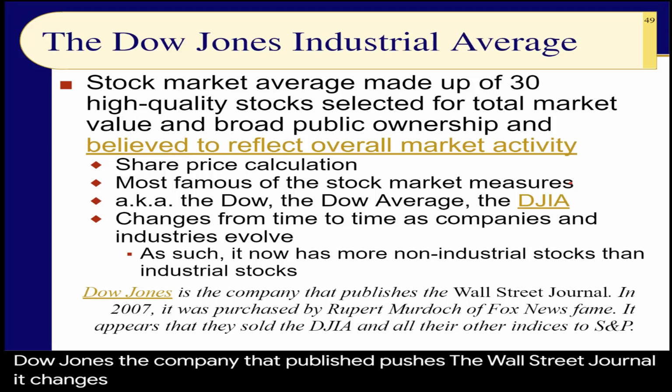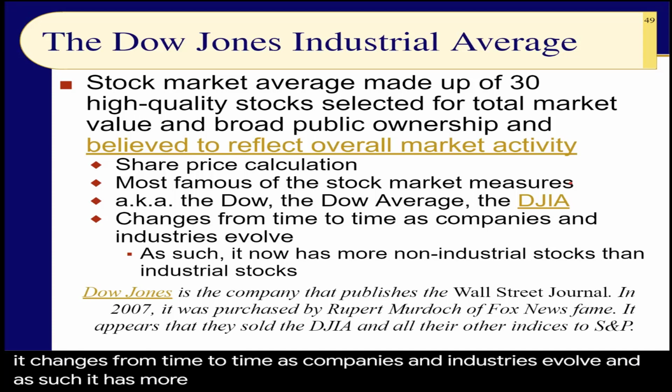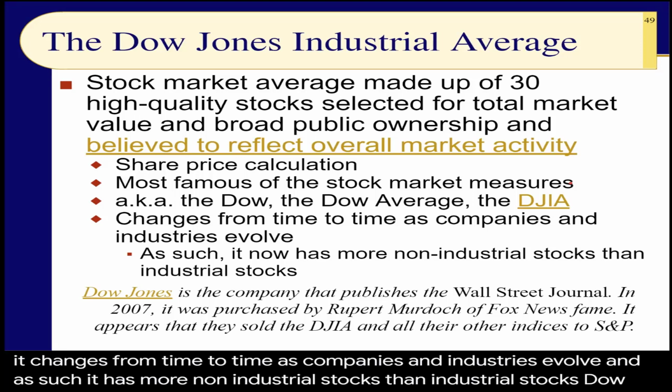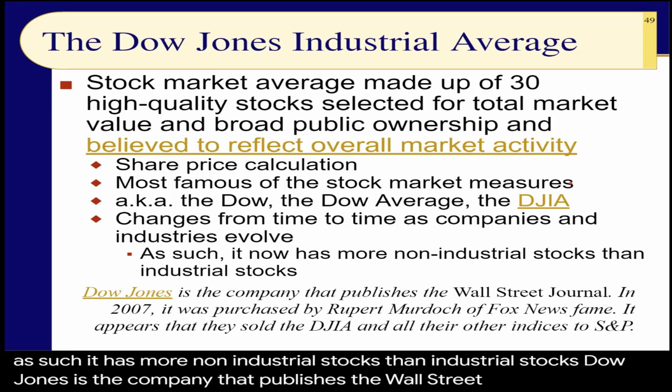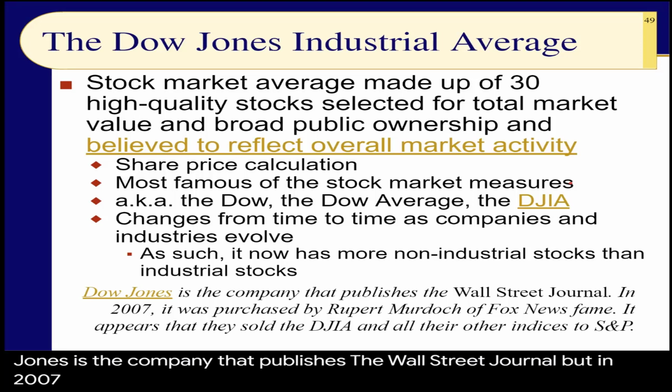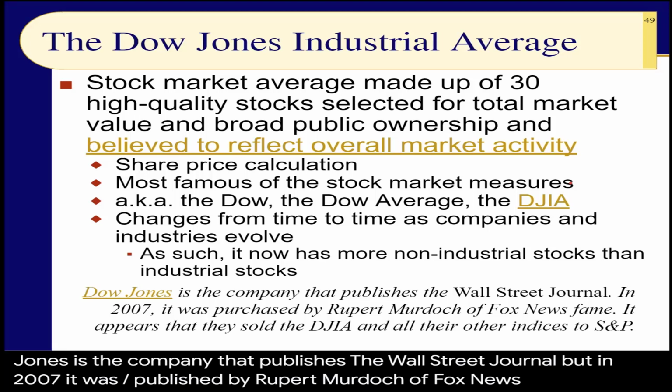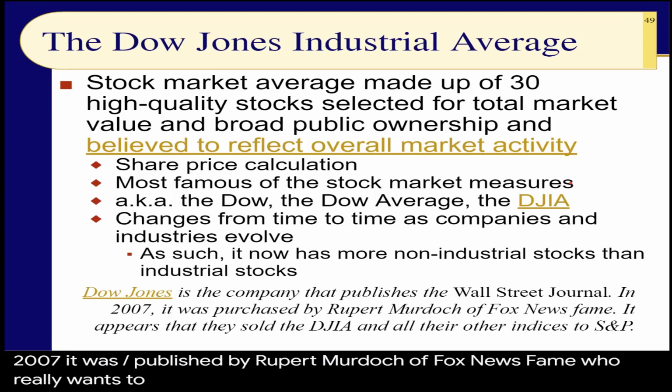It changes from time to time as companies and industries evolve, and as such, it has more non-industrial stocks than industrial stocks. Dow Jones is the company that publishes the Wall Street Journal, but in 2007, it was bought by Rupert Murdoch of Fox News fame, who really wants to own all publications.